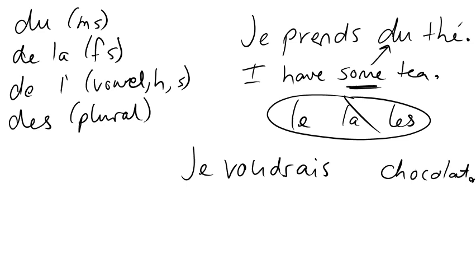There we go. Let me fix that. That is ugly. Du chocolat. Why du chocolat? Because even though I think it'd be nice to have all the chocolate in the world, there is no way I can eat all the chocolate in the whole wide world. So, le chocolat, no. Du chocolat, oui. That's the one that we can use.